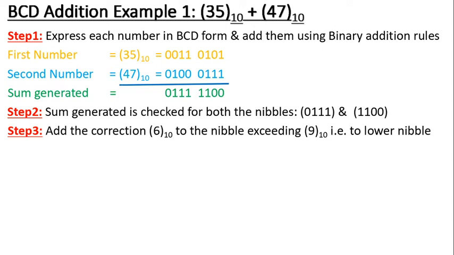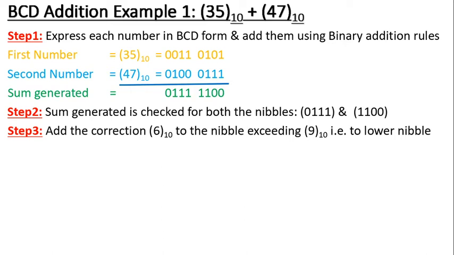Now why only 6 is to be added? There is a logical reason. Basically BCD is nothing but a decimal number itself but represented in a binary form. And we know that decimal has base 10, whereas the expression of 4-bit binary we normally call hexadecimal, and hexadecimal has base 16.